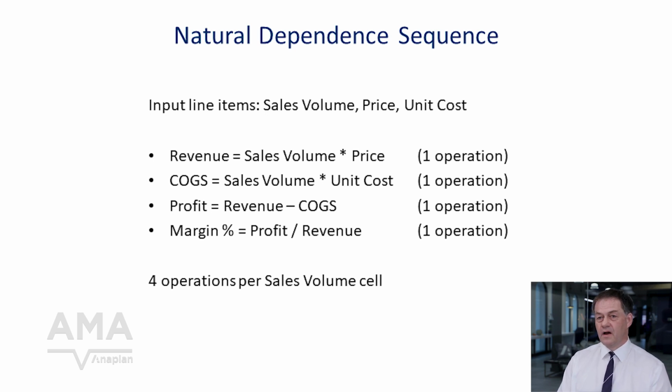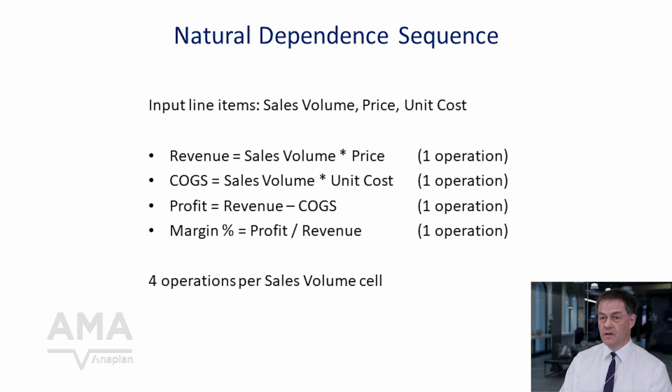Here we have a standard margin percent calculation, where margin percent is calculated from profit, and profit itself is calculated from cost of goods sold and revenue. Now, in this example, each calculated line item uses one operation per cell to calculate from its dependent line items. So for each cell of margin percent, there are 4 operations, one for each line item.